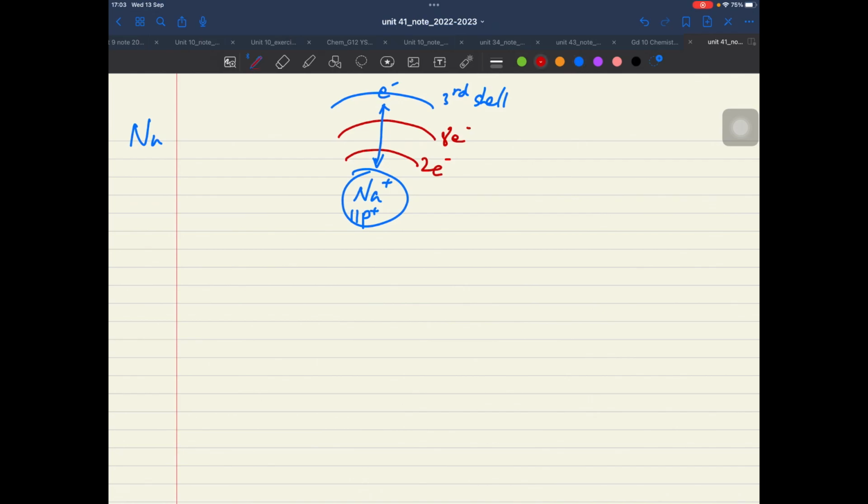So from calculation, yes, there are altogether 11 protons, but the first shell will block 2 for you, while the second shell will block 8 for you. And finally, what you remain with is 1 proton, because the rest of them are blocked by the shielding effect.